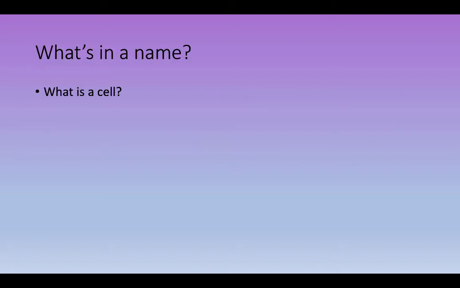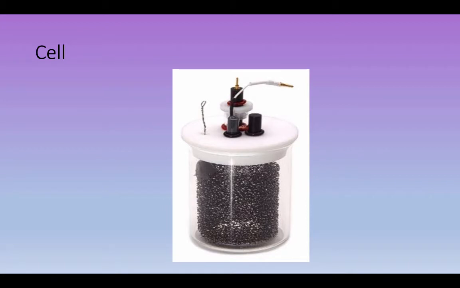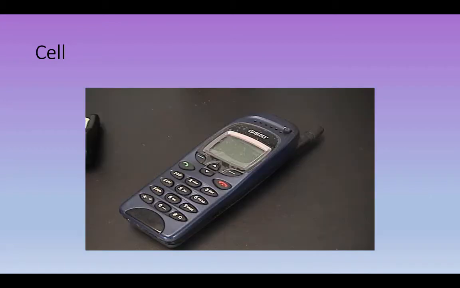If we think about what's in a name, even when we find a common vocabulary for describing things, sometimes those definitions change dramatically depending upon context. So, what is a cell? Well, a cell could be this. You've got a battery cell. This is an old cell phone, a cell. Not even a flip phone.